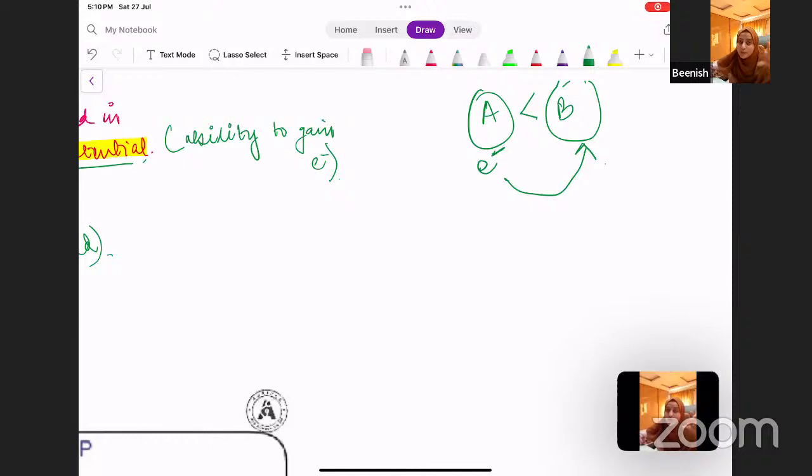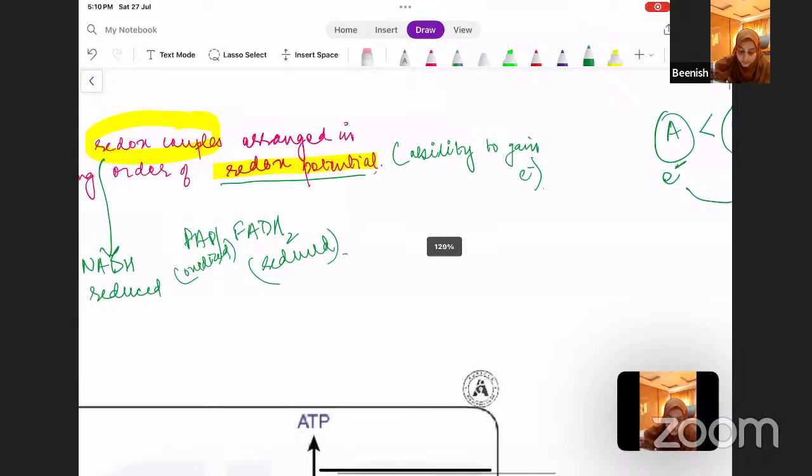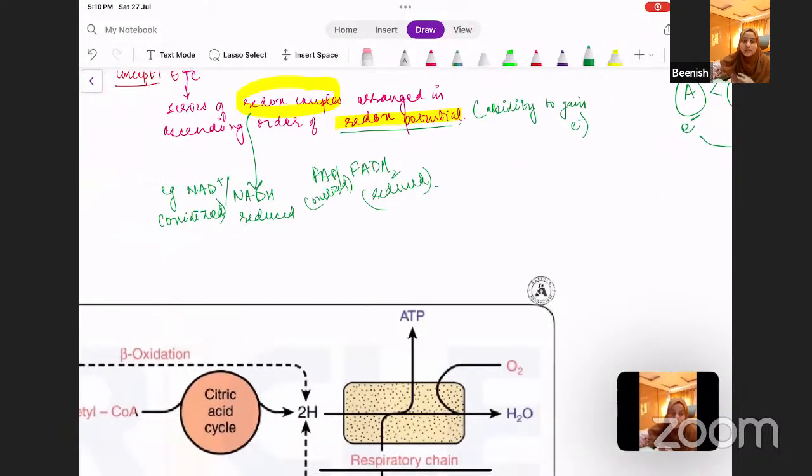So you have complex 1, and its ability to gain electrons is less compared to the next complex in the series. Therefore the electrons are going to jump from one complex to the other in the electron transport chain. Also, when these electrons jump from a lower redox potential to a higher potential, it is going to be an exergonic reaction.